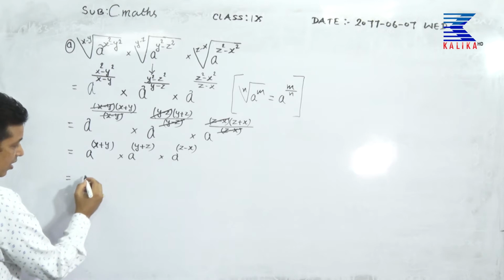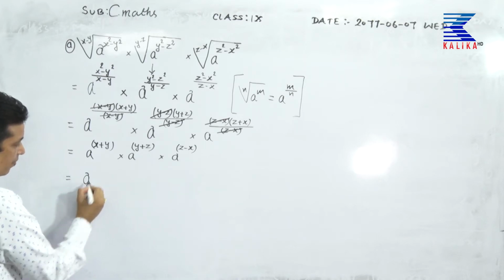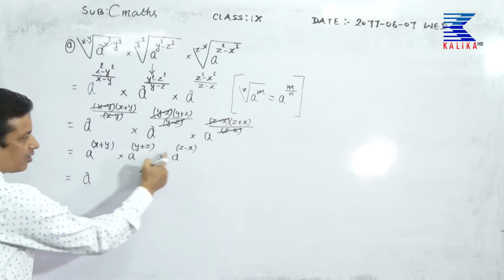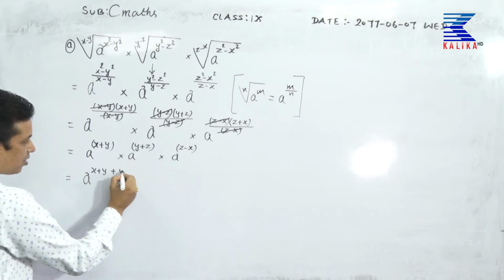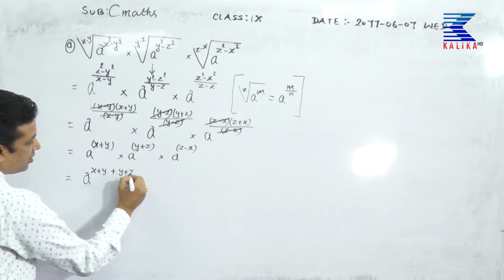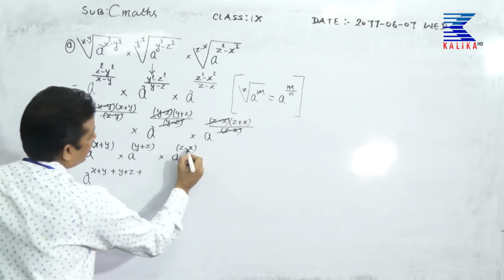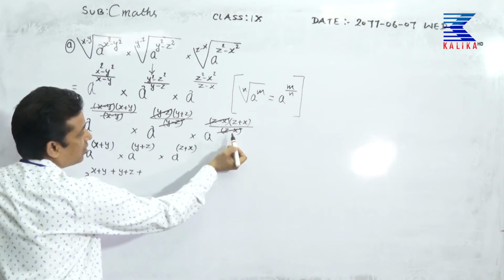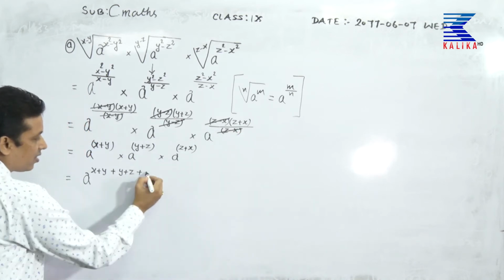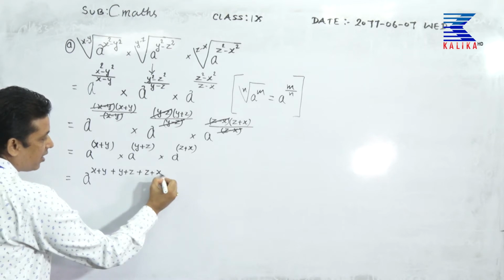So, let me write one common base, and we can add the powers: x plus y plus y plus z plus z minus x. We cut, so z plus x is left plus z plus x.